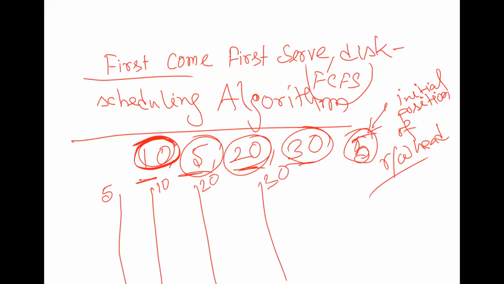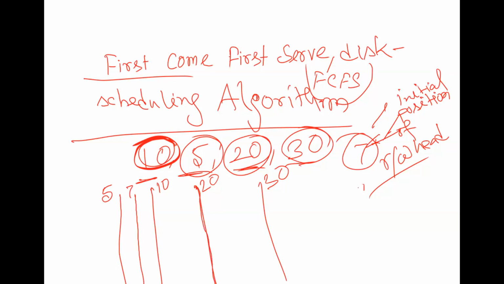Also, here the initial position is track number 5. Let's say the initial position of the read-write head is track number 7. Then you need to draw the initial line for this initial position, track number 7.